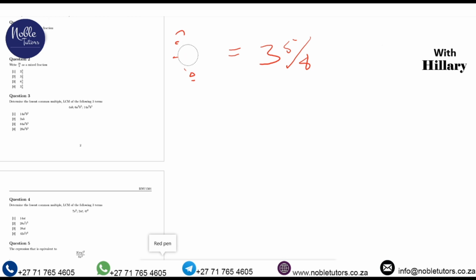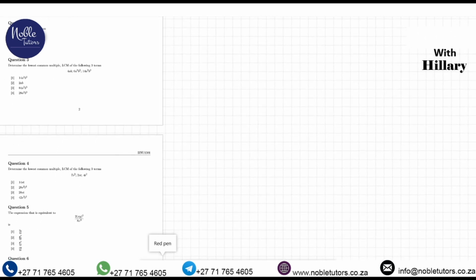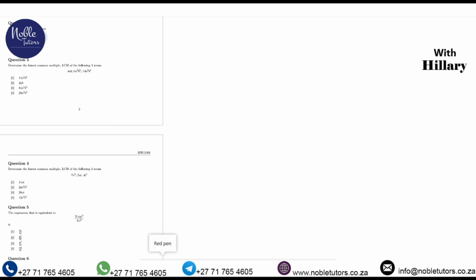Moving further, those are basically the concepts that we need to remember when it comes to fractions. Then we need to introduce the concept of lowest common multiple, LCM. With the lowest common multiple, we're looking for a number that all the numbers we are given can get into without leaving a remainder.